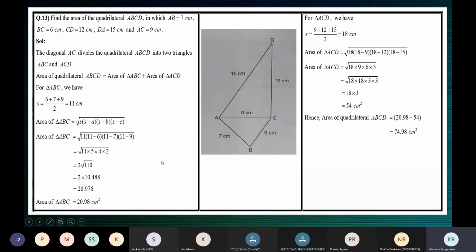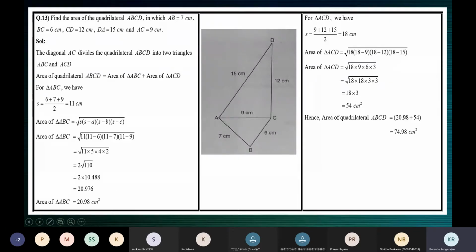Now here this root 110 value will be provided to you in the question. I just use a calculator and put this value, but the value of root 110 will be given in the question. If it is not given, then take it as 2 root 110.